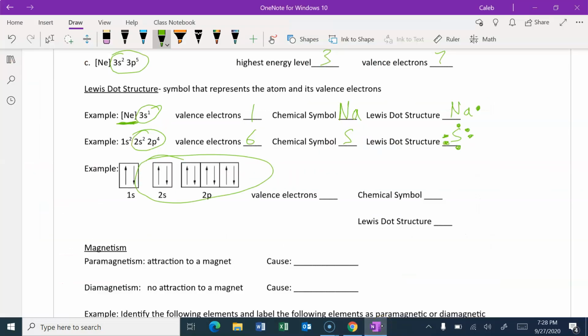So this one is Ne. It has 2, 4, 6, 8 valence electrons. So its structure is going to be Ne with 1, 2, 3, 4, 5, 6, 7, 8 dots around it.